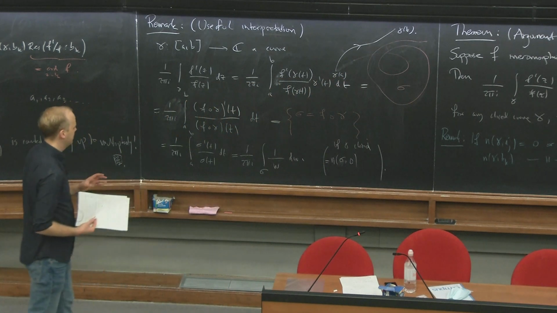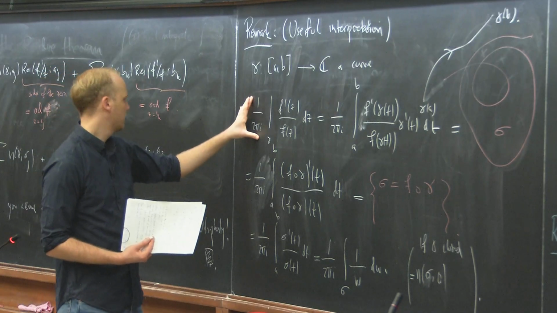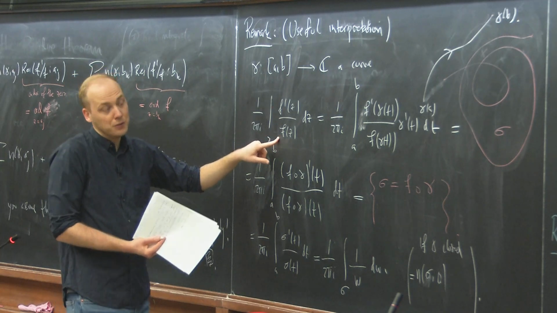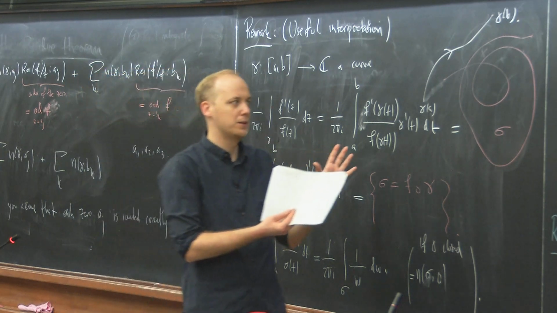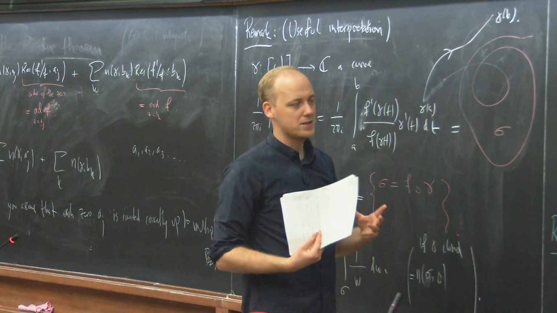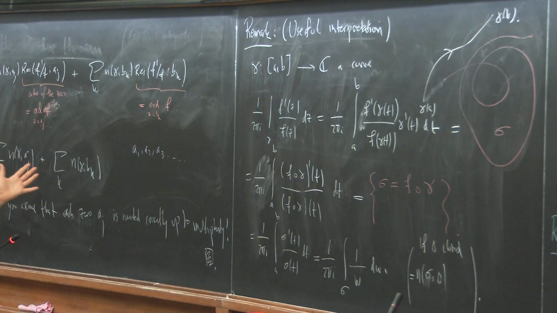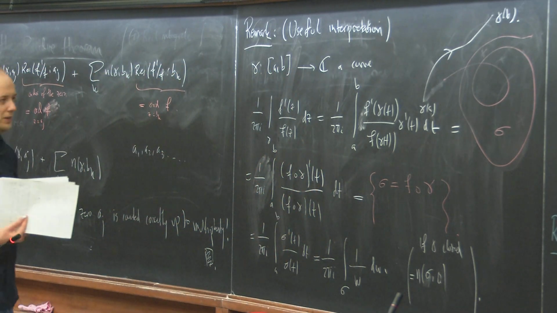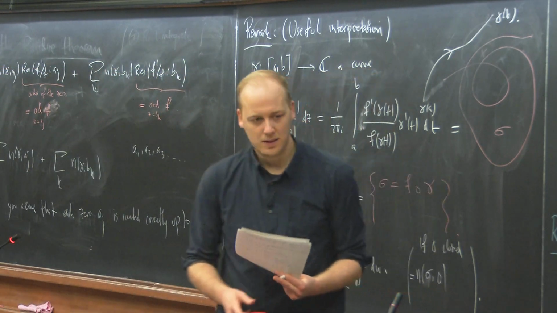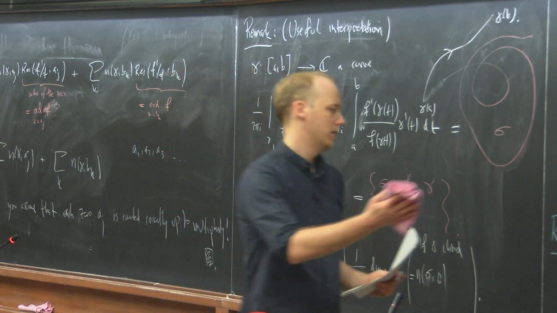And it means that in order to compute this integral f prime over f, one way to do it, which might be easier sometimes, is to determine the image curve and then just count how many times it winds around 0. So this is a very interesting application, an interesting interpretation of this result.